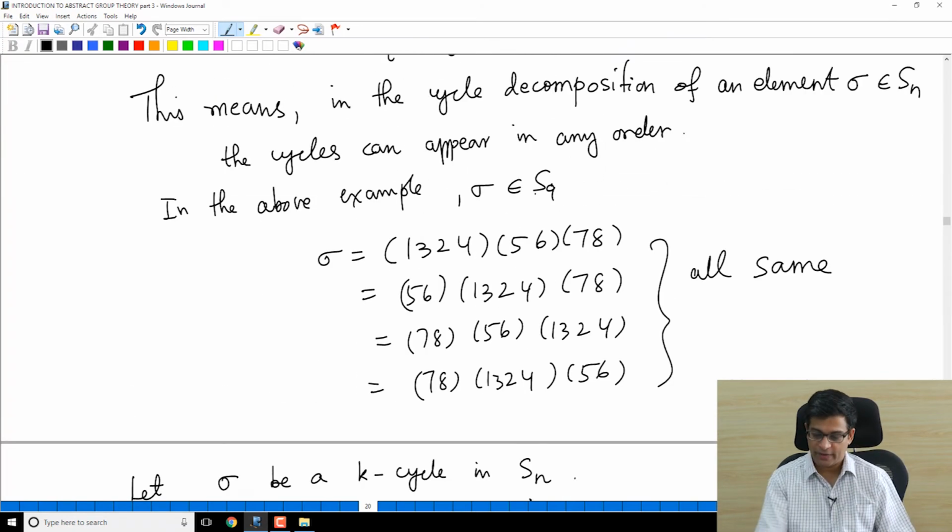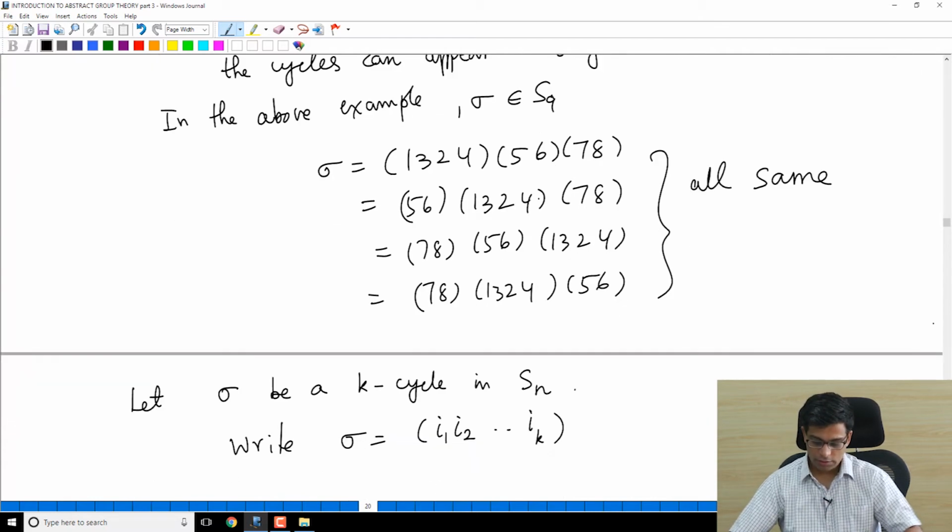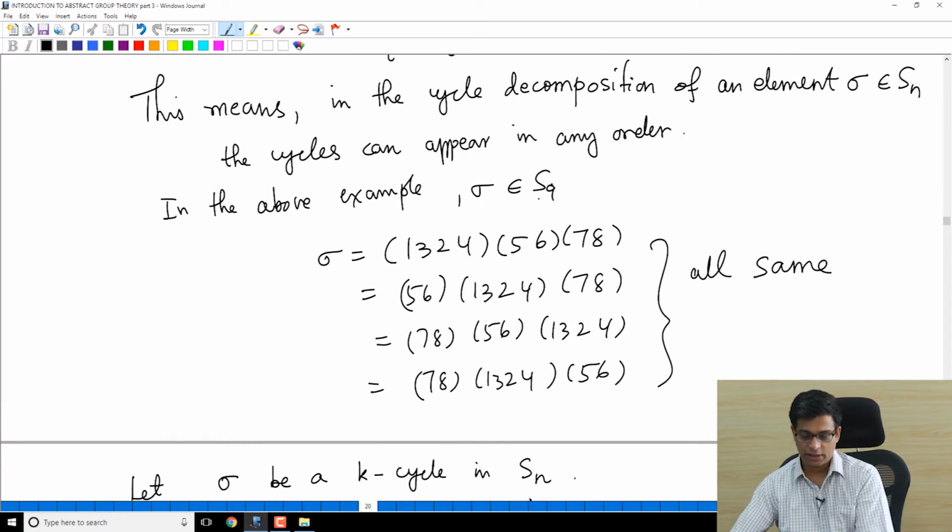For example, this element of S9 is not a cycle, it's a product of 3 cycles. A cycle is just one cycle, so its cycle decomposition is itself. Those are very special elements in Sn. Sigma is a k-cycle means it's a single cycle, but in general elements of Sn can be products of more than one cycle. In this example, sigma is a product of 3 disjoint cycles.